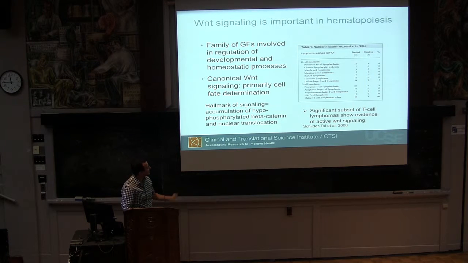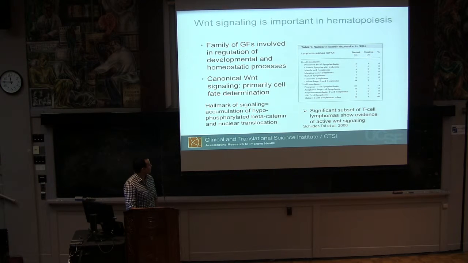So what is WNT? This is another huge family of signaling molecules, and again, this is a big signaling pathway in terms of hematopoiesis. There are a couple of different ways you can signal through WNT, and I think we're focusing mostly on the canonical WNT signaling. And this is really just primarily cell determination.